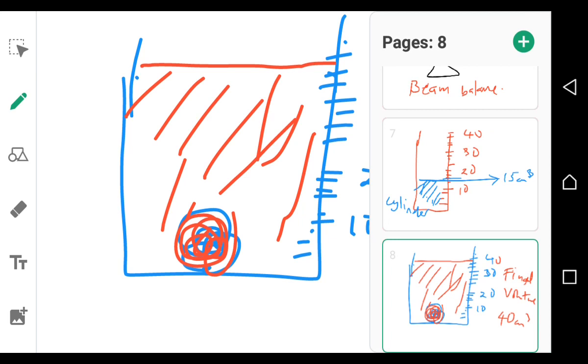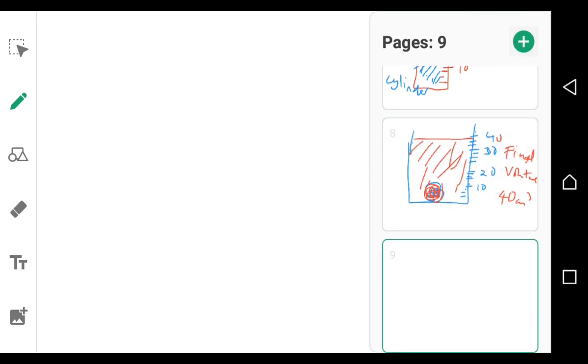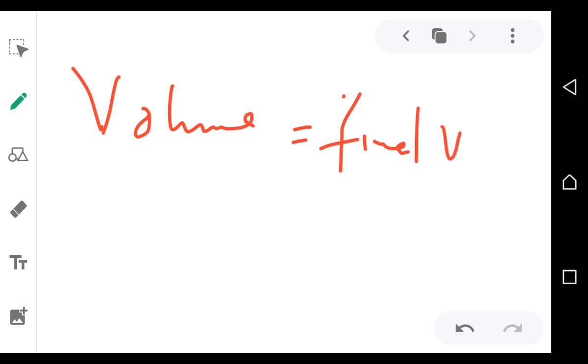First we find the volume of the stone. The volume of the stone is equal to final volume minus initial volume.